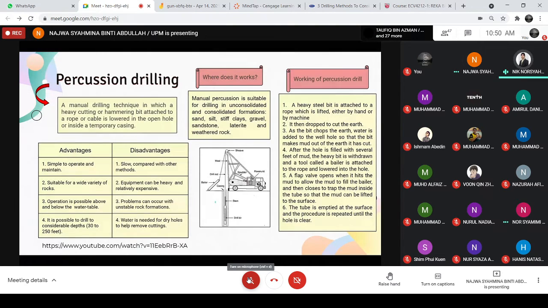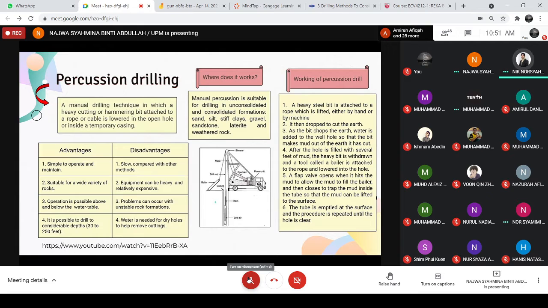What about others? Any comments? For those who had this sharing session about the boring methods, the different methods. I think I agree with her.